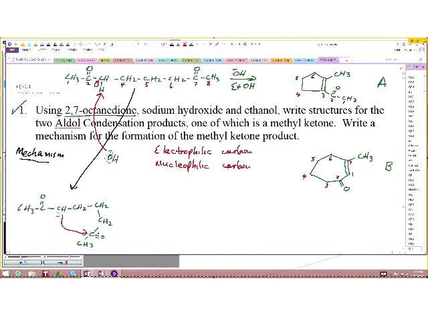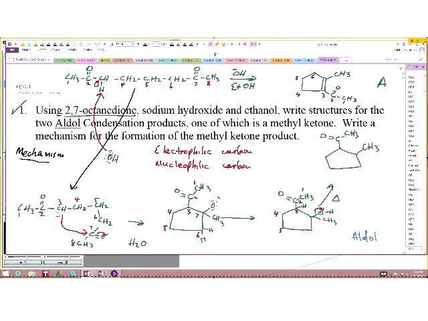Okay. So the pi electrons go to oxygen, and then we form this intermediate. Okay, this is carbon number 3 right here.